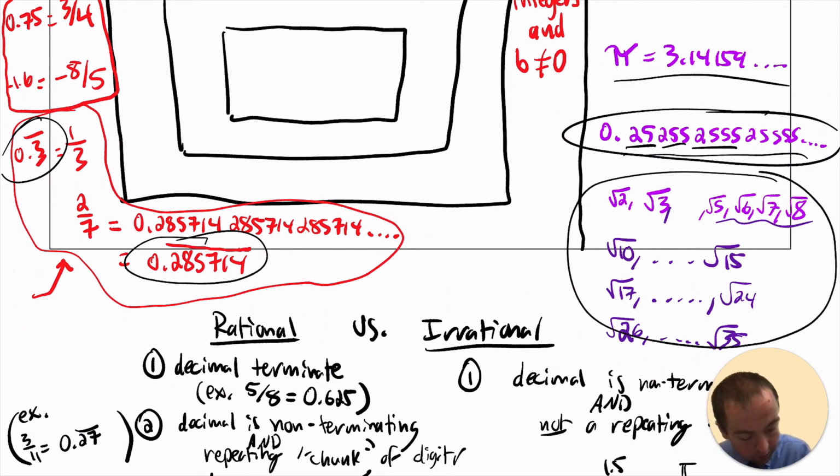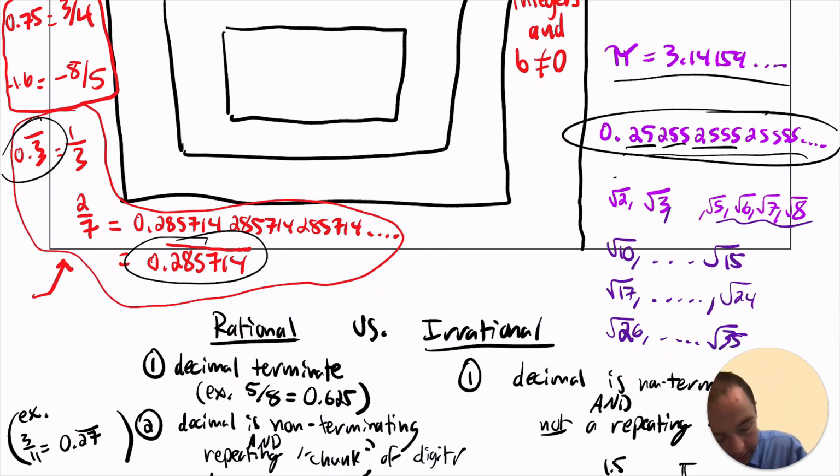And with all of these square roots of non-perfect squares, there are no fractions that you can write to equal them. So when you look at the decimals for these, like square root of 2 is approximately 1.41, but it's not, because it actually has decimals that go on forever, and it's just very random. And the same thing for square root of 3. It's like 1.73, and then it goes on forever.